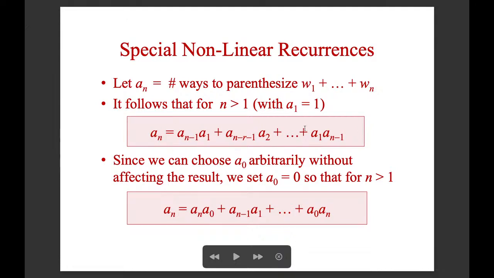So in order to make it complete, one way that we can do so is we intentionally add a_0 a_n there, but then we want to keep it correct. So a clever way is we set a_0 to be 0. Is that okay? So in that case, in general, a_n can be written as the convolution of the two sequences of a.